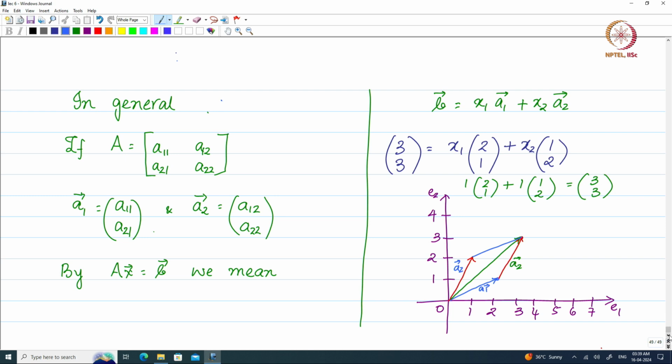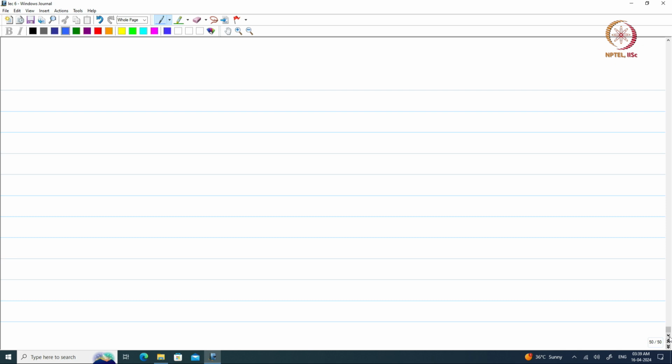Let us take this second example, example 2, where I am going to look at 2x1 plus x2 is equal to 3 and 4x1 plus 2x2 is equal to 6.